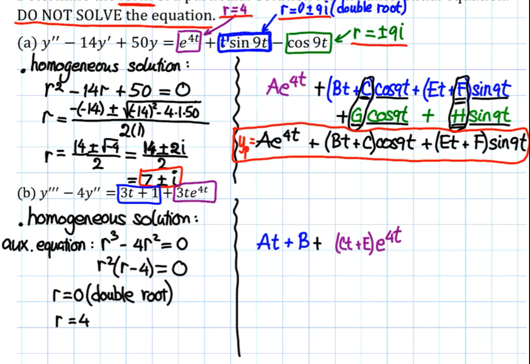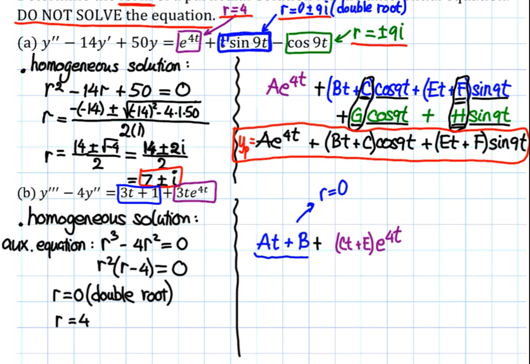Now let's look at what the root is in this case. For at plus b, the solution of that is r equal to 0. Because in general, when we have r equal to something real, then the solution is going to be e to the rt. In this case, we just have e to the 0t, which is 1.